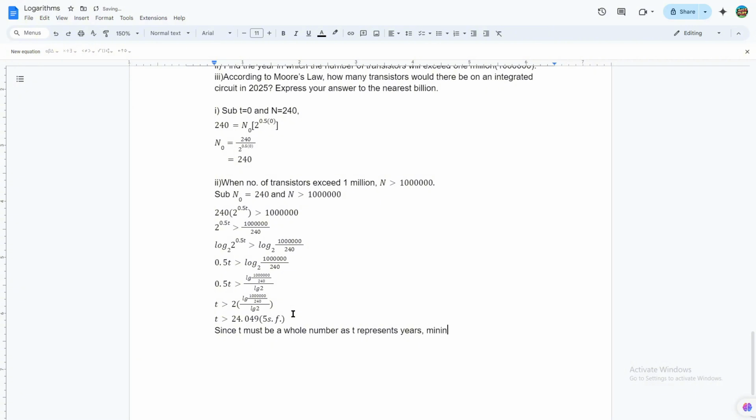So the minimum of t equals 25, because 25 is the smallest whole number which is larger than 24.049.